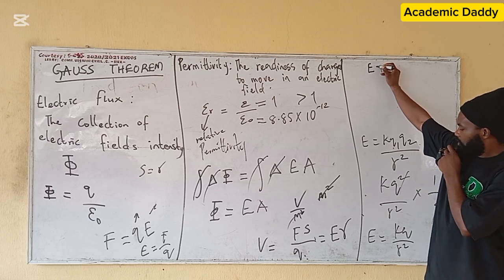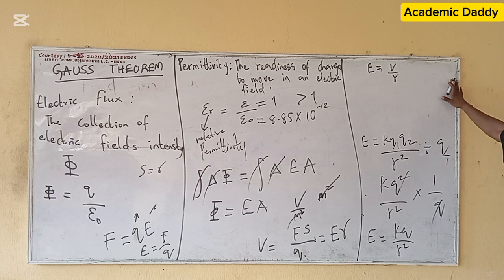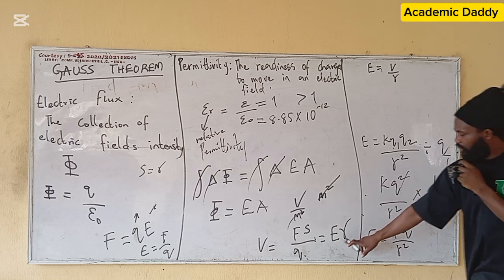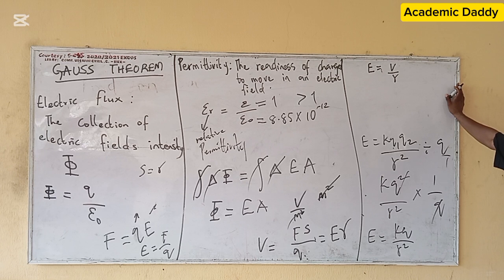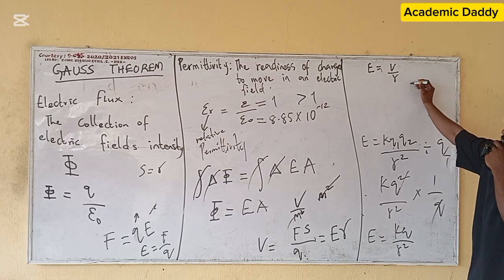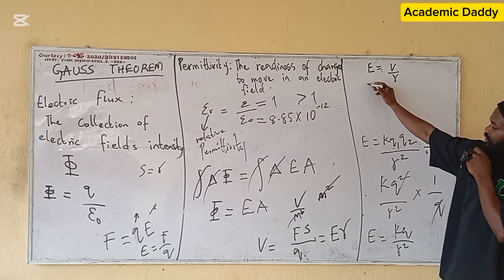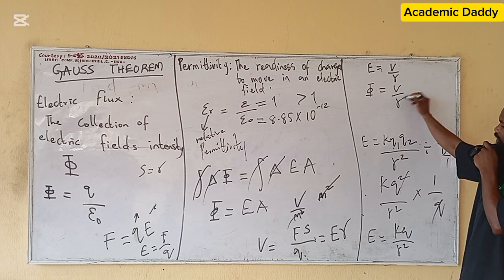So E is equal to V over R. That is, if I make E the subject of the formula, E is equal to V over R. That means that if I replace E with volts, this is the same as saying V over R, and this is area.